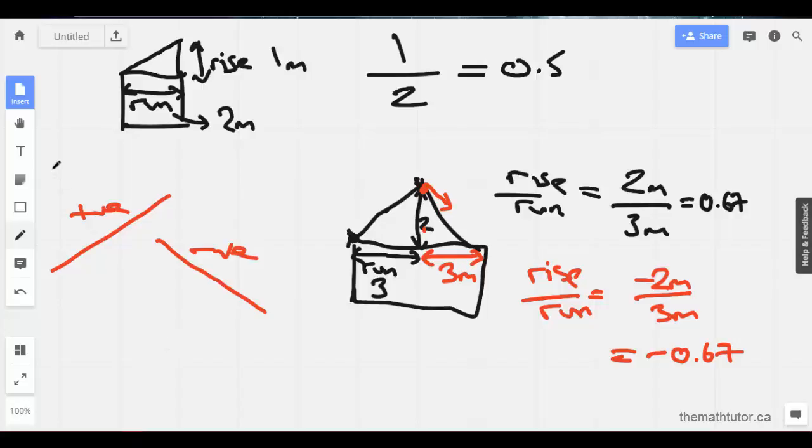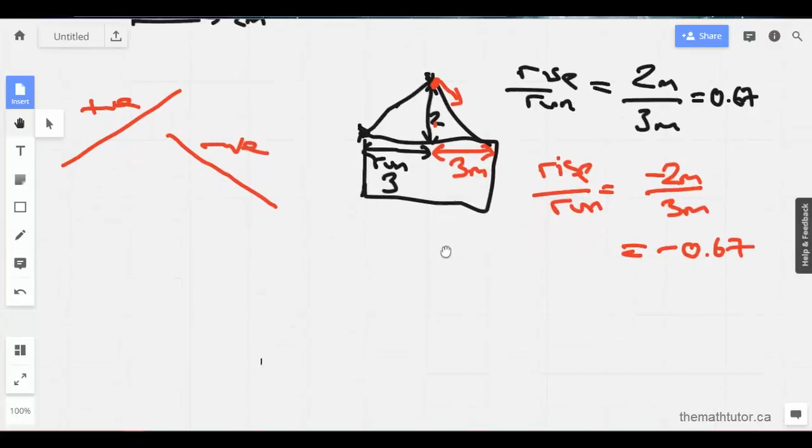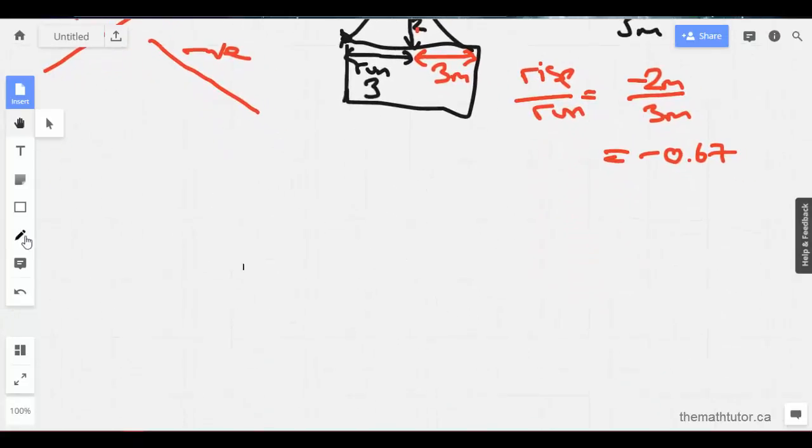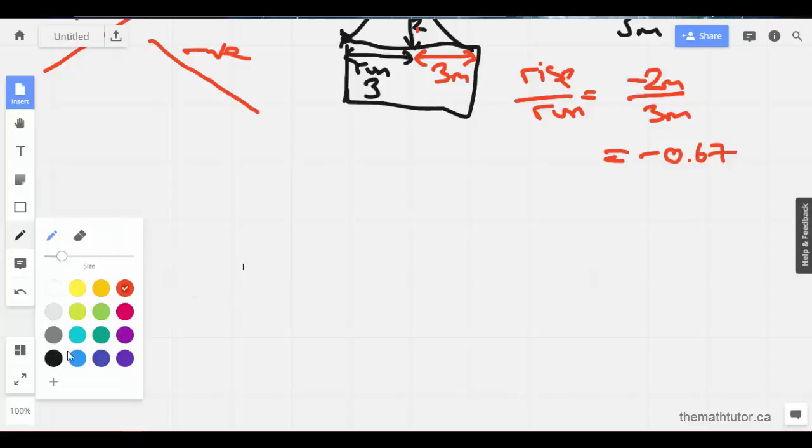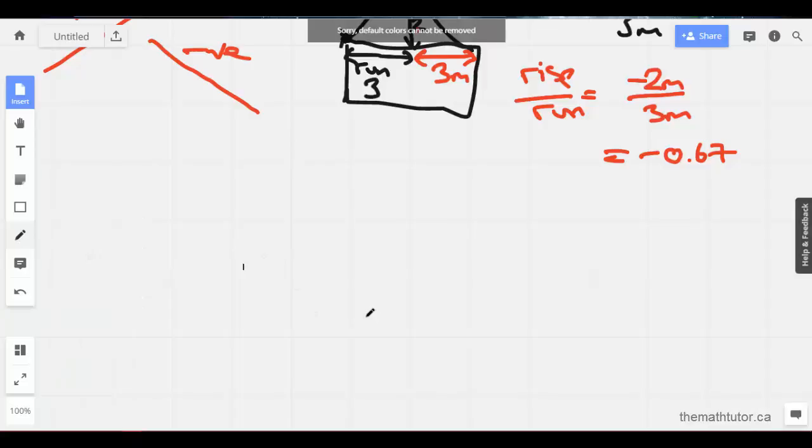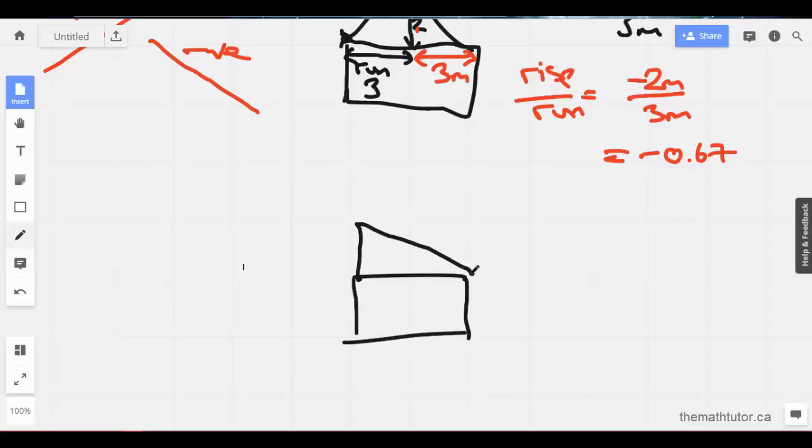And let's just do another quick example. So I'll just go back to black color. So now let's just say another house like that, put a roof on the top. So now, let's say this here is a 4 meter width across the house.